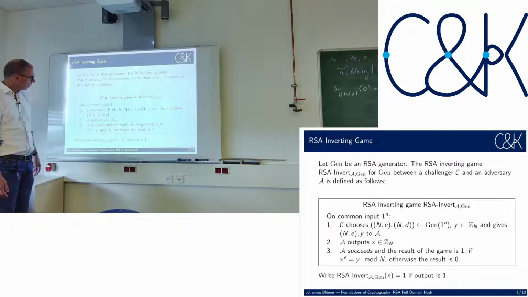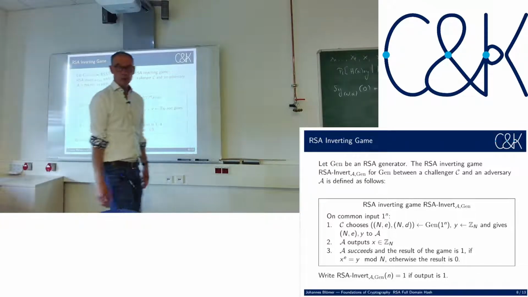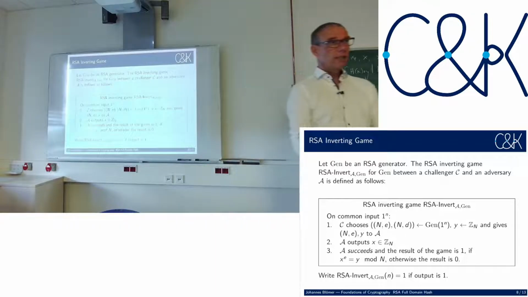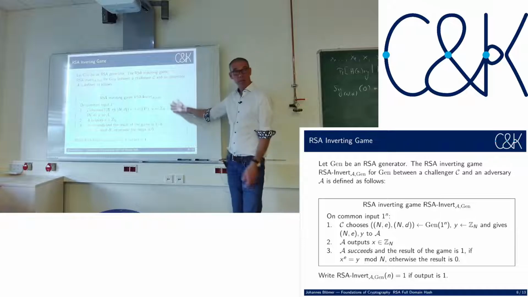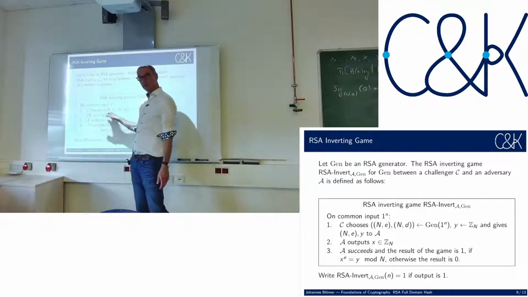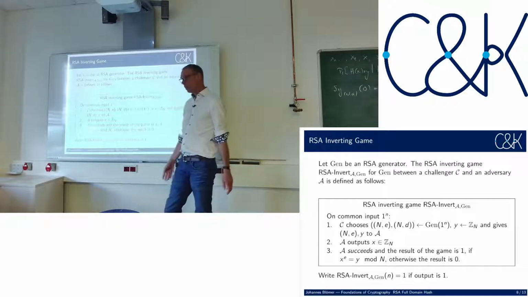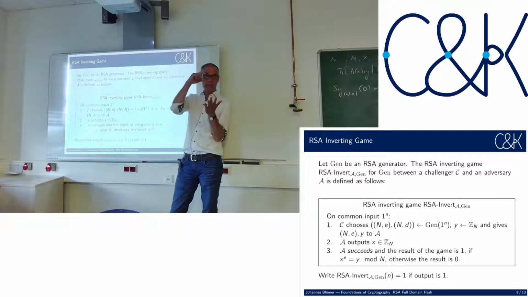Now, here the question is, if you remember how I defined one-way functions, I always said we had a very similar game, right? Except that the function was fixed, so we didn't have this part here. But there I said, well, let's pick an x and then apply f to x.